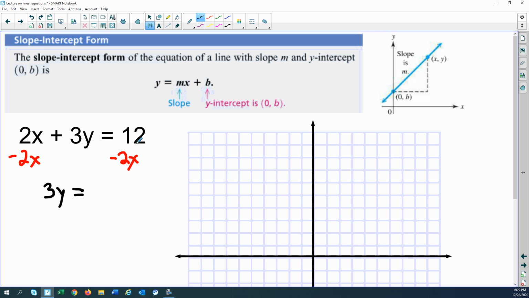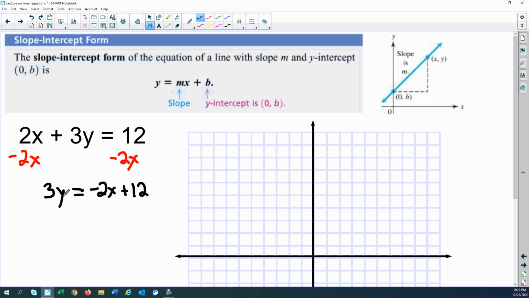Now, a habit here that I see a lot of times is, since we're subtracting, people like to put it behind the 12. But if you notice our form, the x term comes before the constant. So when I write this, since they're not like terms and I can't actually combine them, I get negative 2x, and this is a positive 12 since it's not showing a negative there.